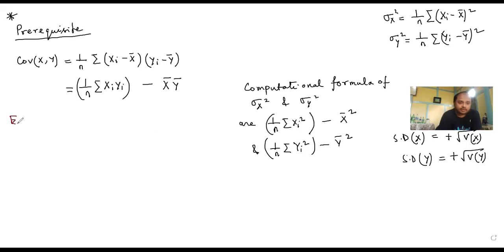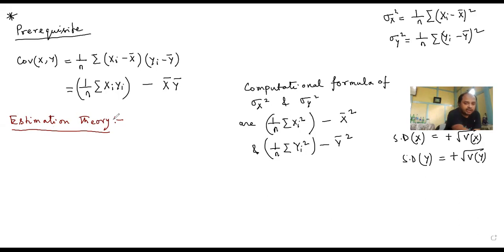There is a chapter called estimation theory in statistics. It is not included in your syllabus, but in this theory we try to find a particular sample measurement which will best estimate the population measurement.